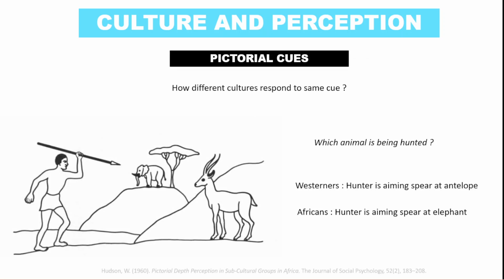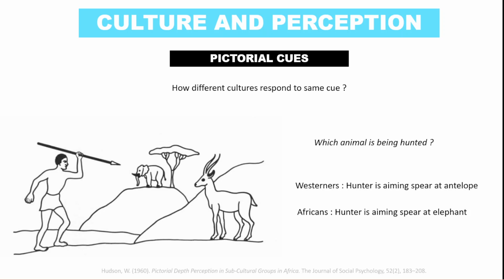Pictorial cues: how different cultures respond to the same cue. On the left is a picture of a man hunting either an elephant or an antelope. Westerners judge that the hunter is aiming at the antelope, and Africans think the hunter is aiming at the elephant. Why is that? Because individuals in Western civilization are more accustomed to converting 3D objects into 2D space.